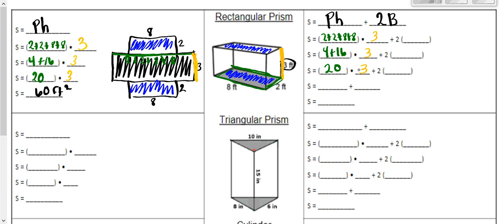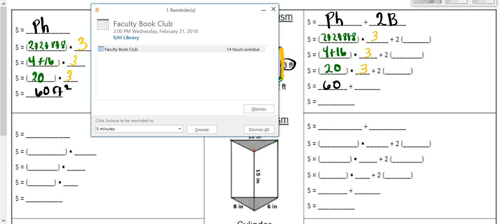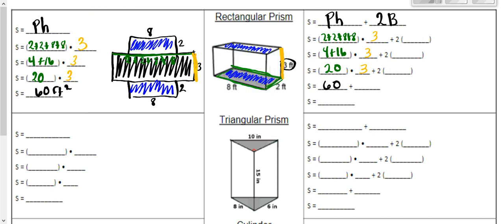So we took 20 and multiplied by 3, and that gave us 60 for our lateral surface. Okay, so now I need to add on 2 of my bases. So if I find the area of my base, if I want to add on these 2 areas, I know that I just need to find the area by multiplying 8 times 2.